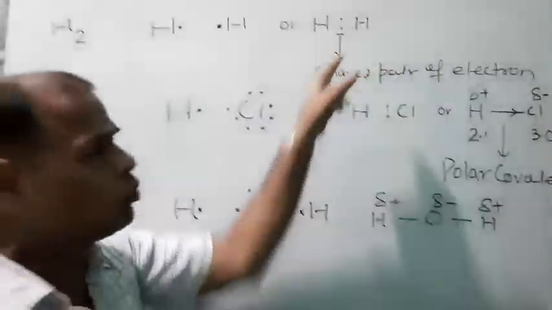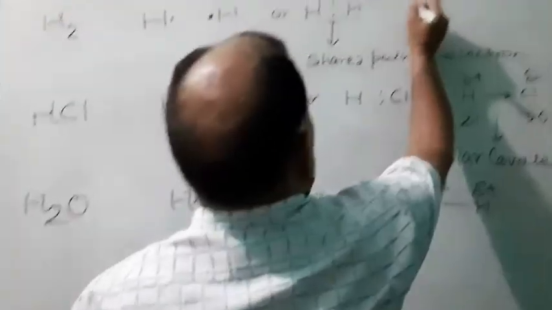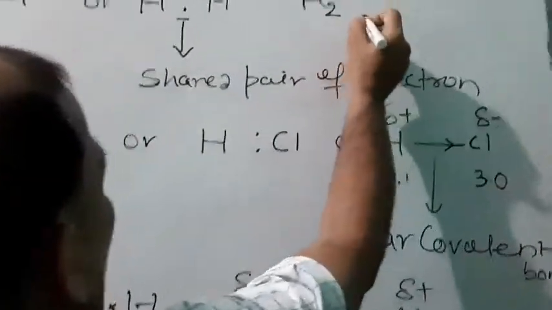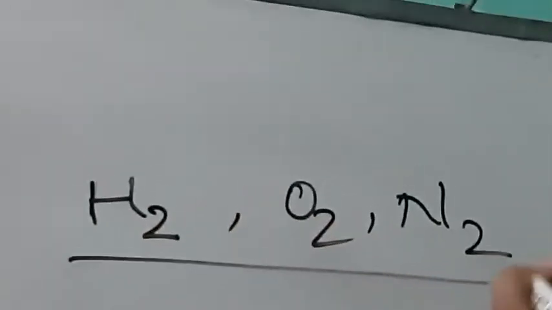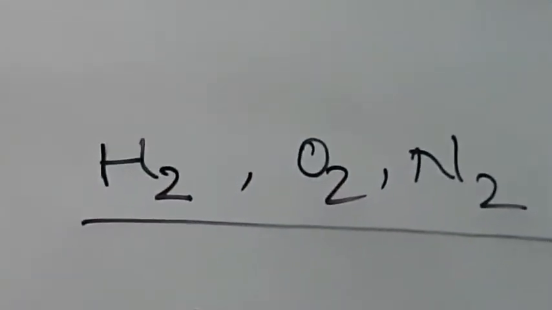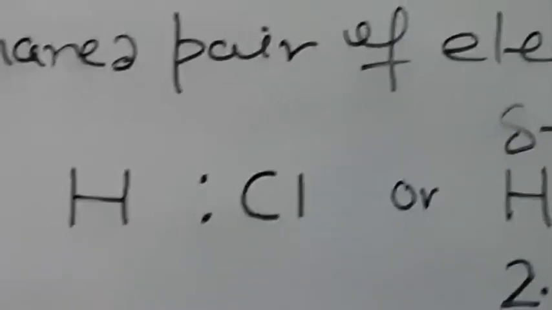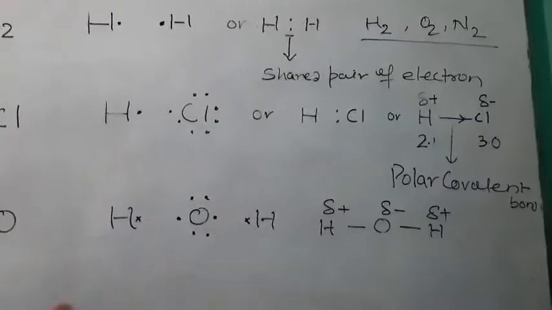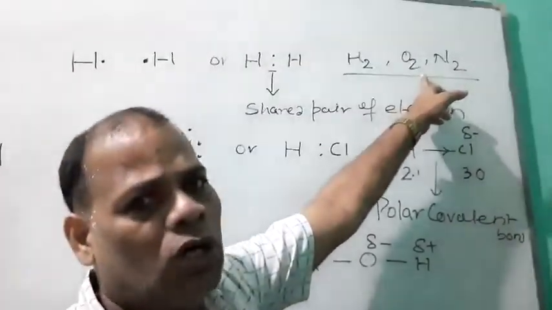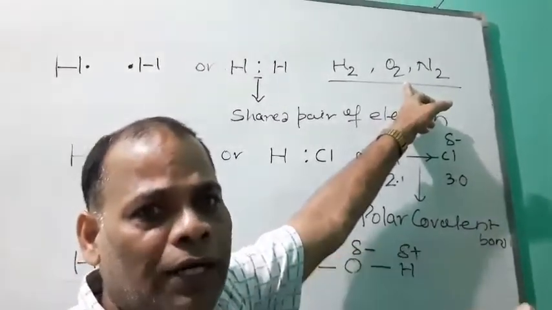So in H2, O2, N2, in all these, the shared pair electron is at equidistance from both the nuclei. So the bond thus formed is called non-polar covalent bond.